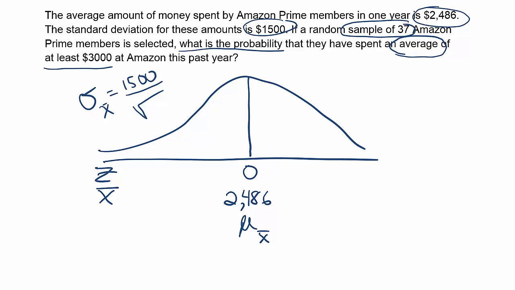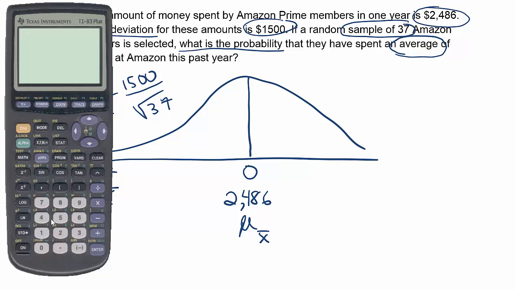It's going to be that standard deviation, 1,500, divided by the square root of the sample size, which is 37. So let's take 1,500 and divide it by the square root of 37.